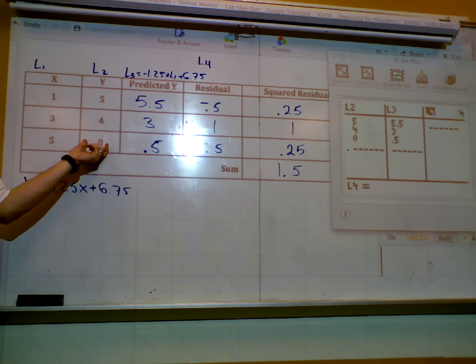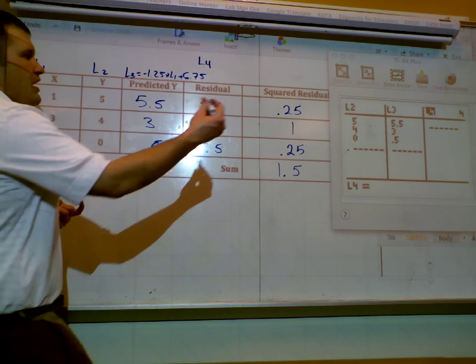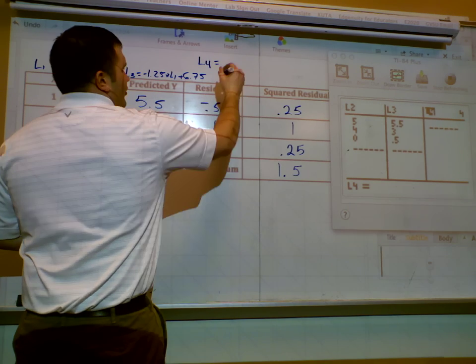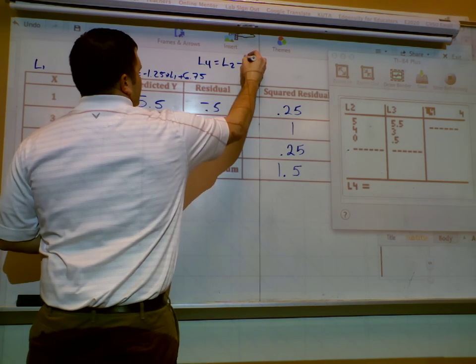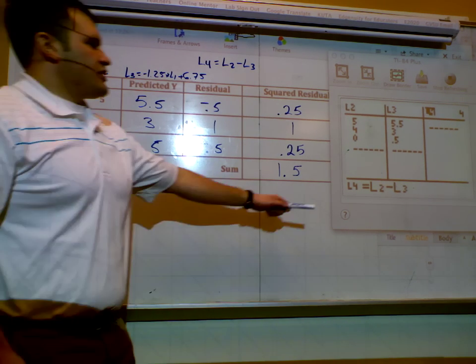Which one's my predicted column? L3. So to make my L4 work in my table, we do L2 minus L3. So you highlight L4, hit enter, hit second 2 minus second 3, and it'll look just like this.